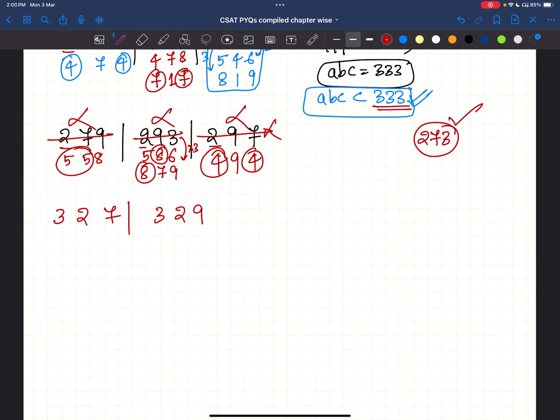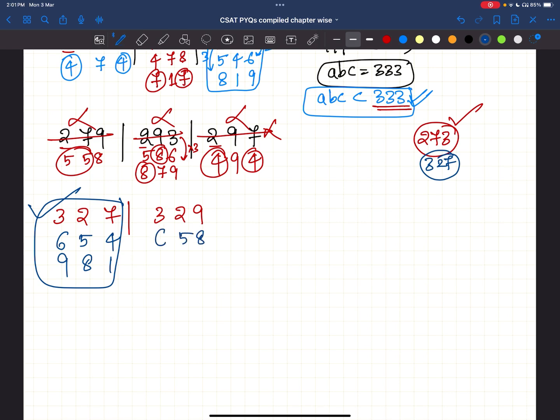Right? Now let's take into 2 and into 3, 9, right? So yeah, this is satisfying. So 327 can be the number, right? Now this into 2, right?